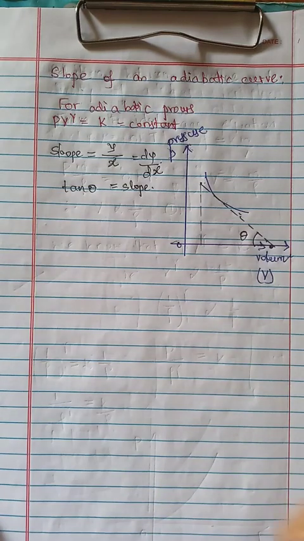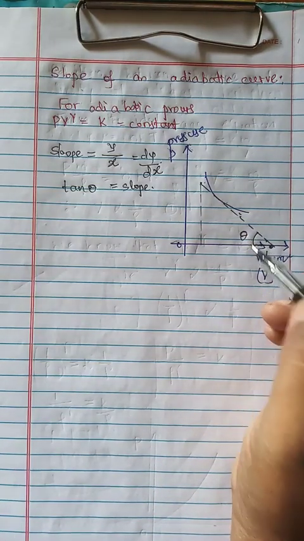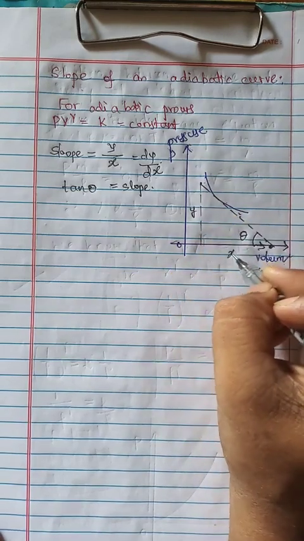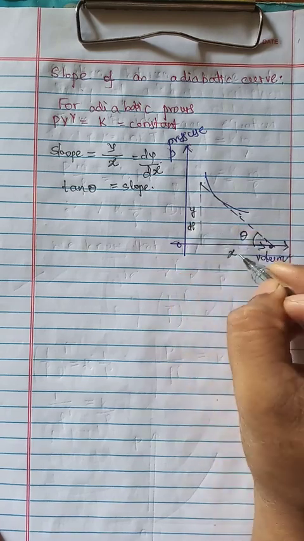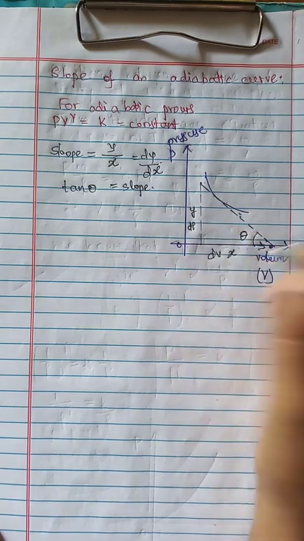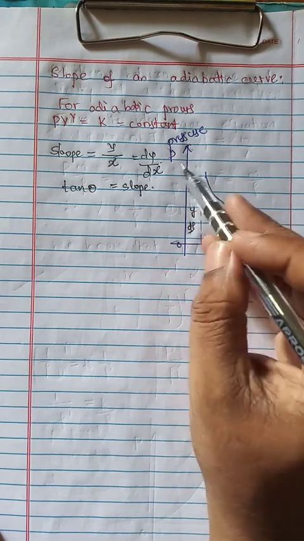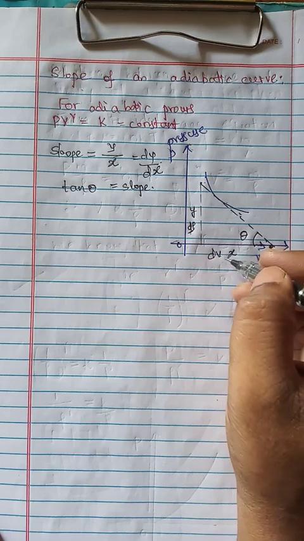In this case, the value of tan theta is y by x. Along y you are getting dP, along x you are getting dV, the change in pressure and change in volume, because we have taken pressure along the y-axis and volume along the x-axis.